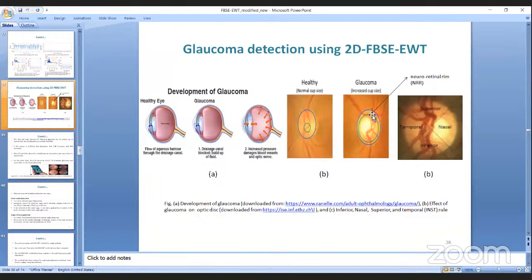That is also measured by the neuroretinal rim, NRR. Another rule they apply is the ISNT rule: doctors divide the fundus image into 4 regions, inferior, nasal, superior, and temporal. Based on this manual processing, they identify the glaucoma disease.